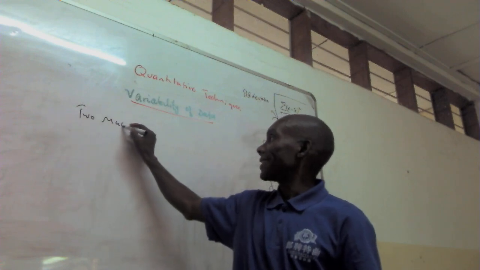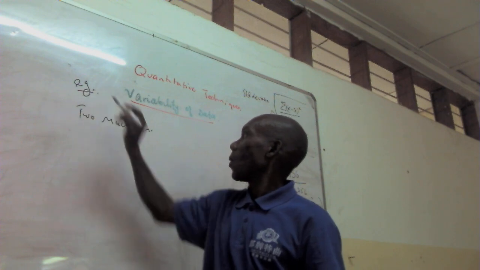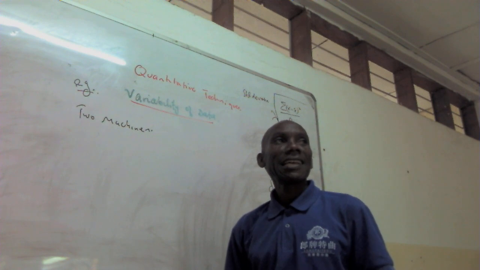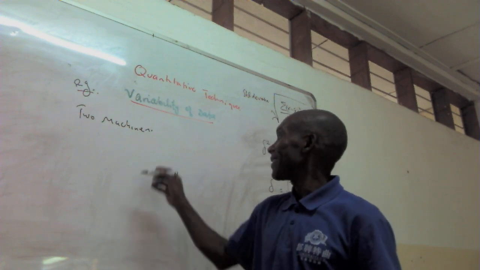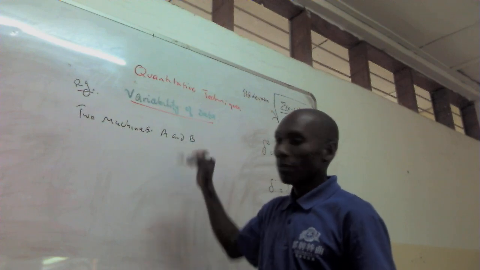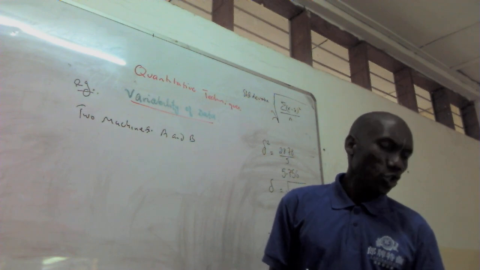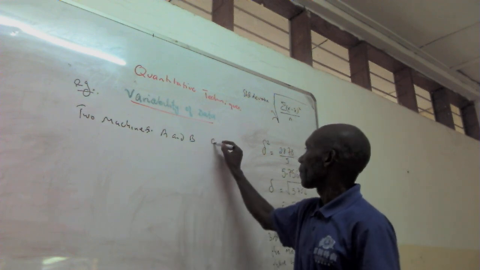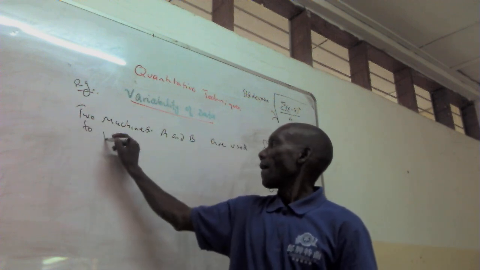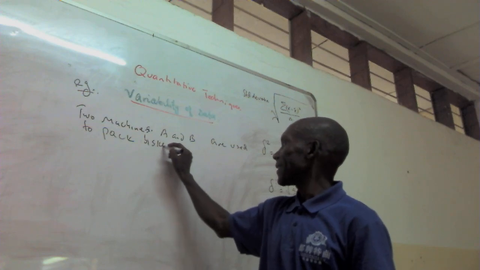Example. Two machines, A and B, are used to pack biscuits.